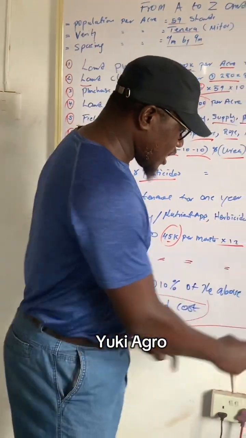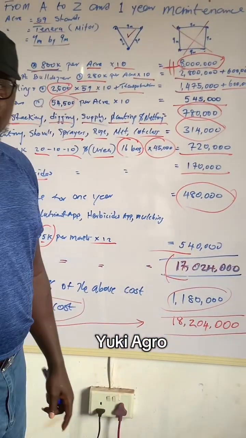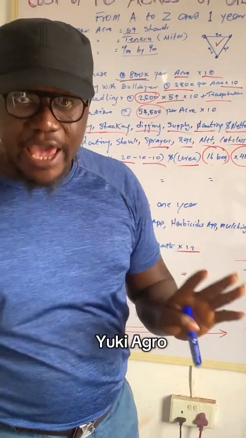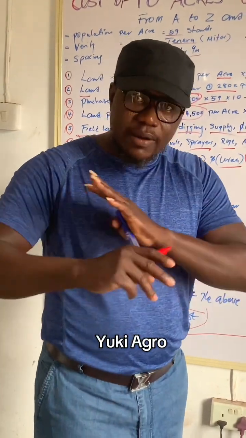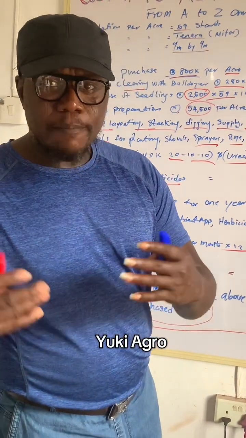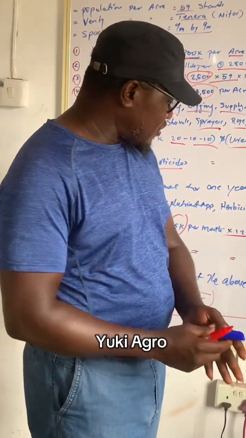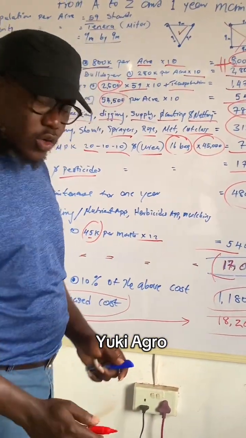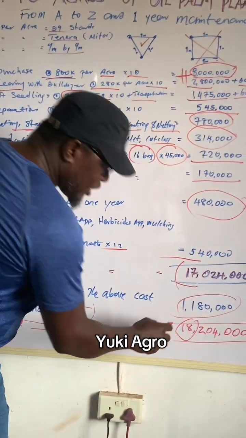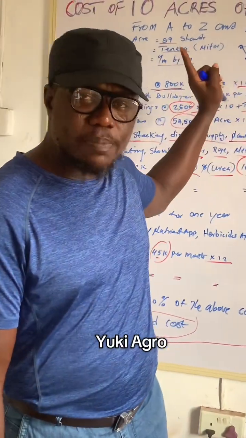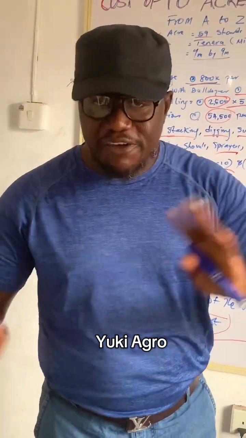All right, then we charge you 1,180,000 naira for a whole year, including our accommodation, our feeding and transportation and other costs we need to carry out in that regard. Everything comes to this 1,180,000 naira. In total, you will spend a total of 18.2 million naira to establish 10 acres of palm oil plantation for life.